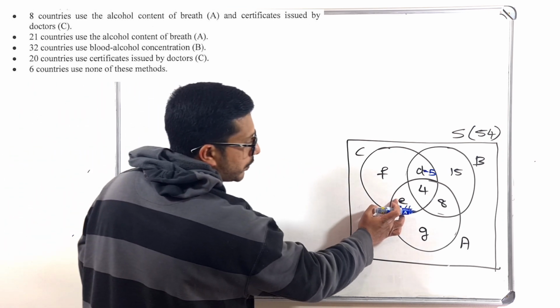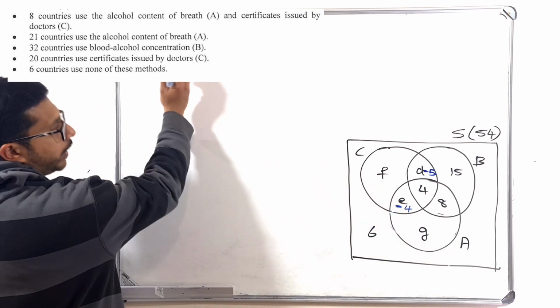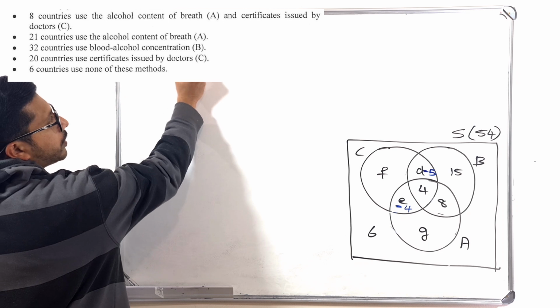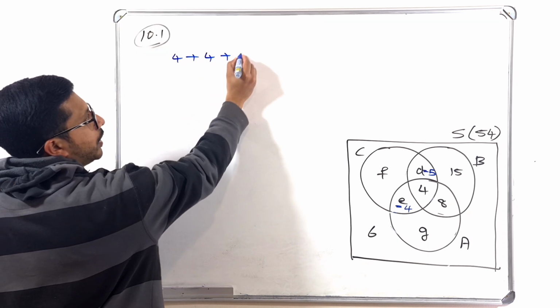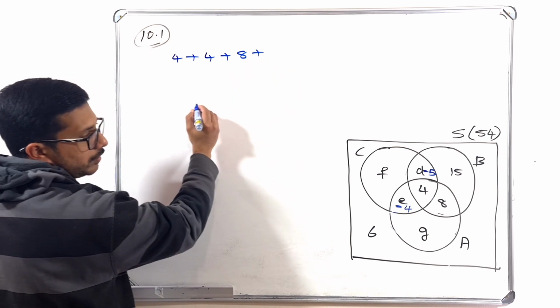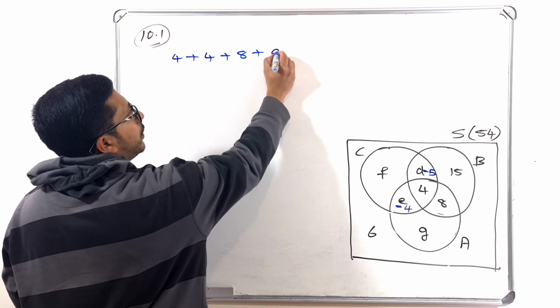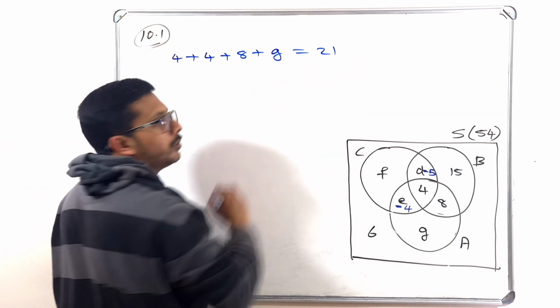We know that this one is 4. So let me write it like this: 4 plus 4 plus 4 plus 8 plus G, and that is equal to 21.